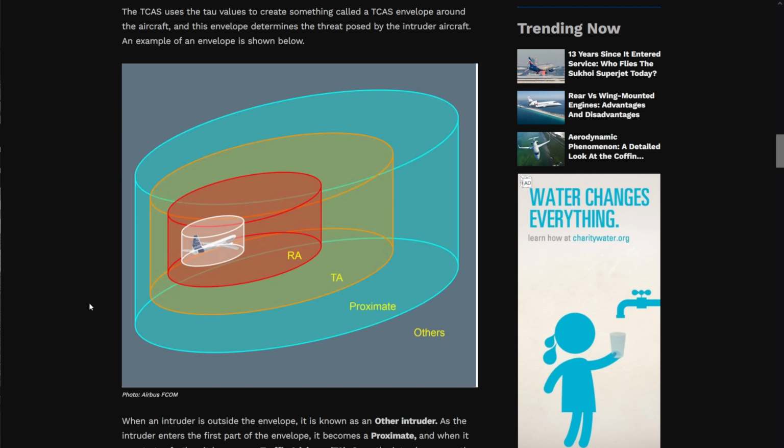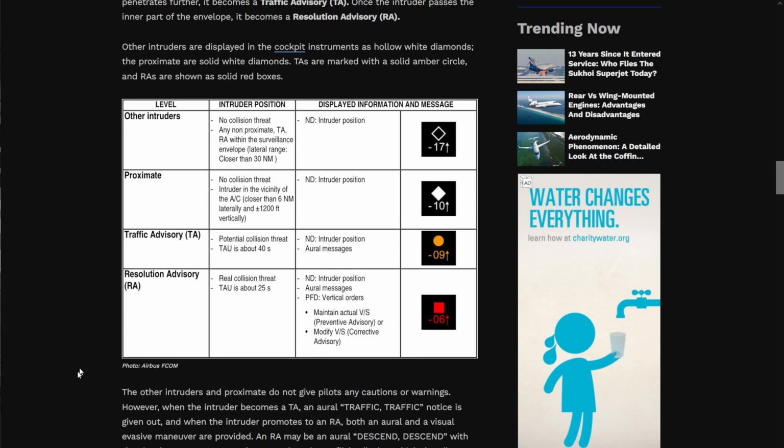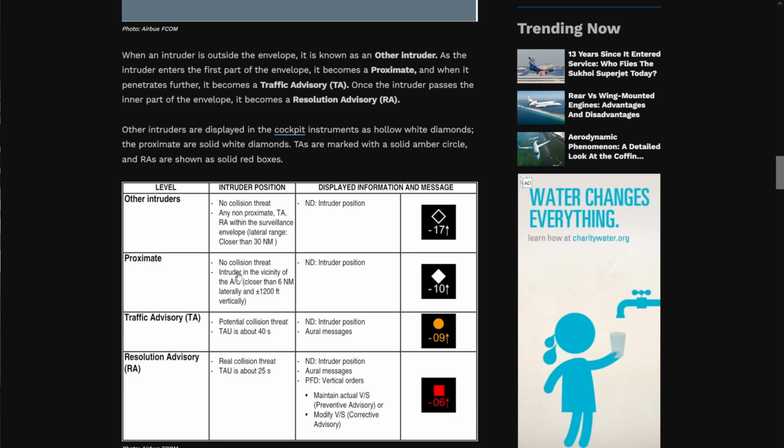Now, let's start with having a look at the figure we see on screen right over here. Now, this is the different areas where traffic can be found, and if we go a little bit further down, then we can see roundabout at which position, or rather closure rate, things do become relevant.